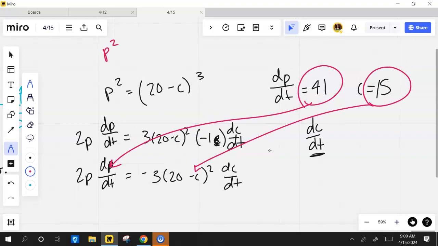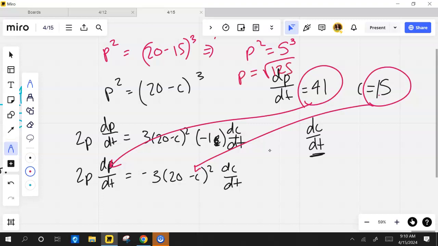If p squared is 20 minus c squared and c is 15, or cubed, not squared, then p squared is 5 cubed, right? 125. So p is the square root of 125.